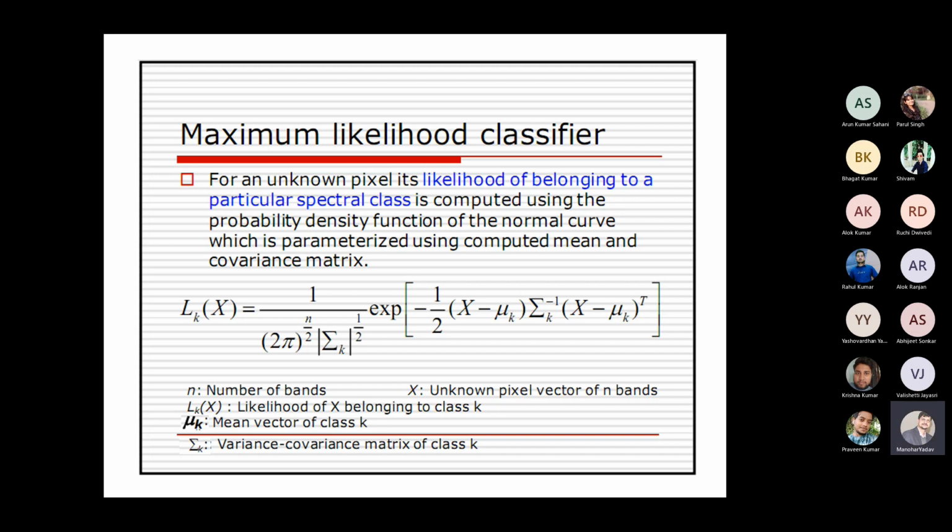This likelihood function is calculated for all the classes for which the training samples are collected. The unknown pixel x is assigned to the particular class for which this likelihood function magnitude is highest.